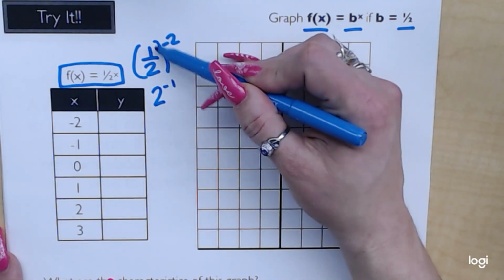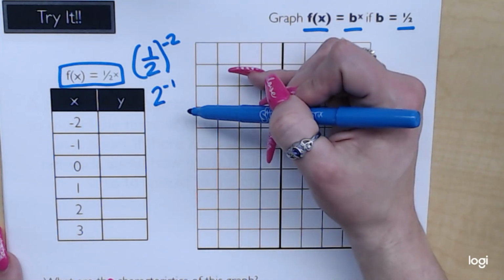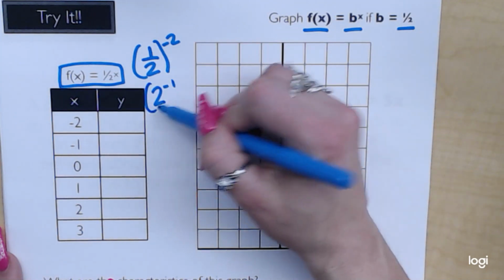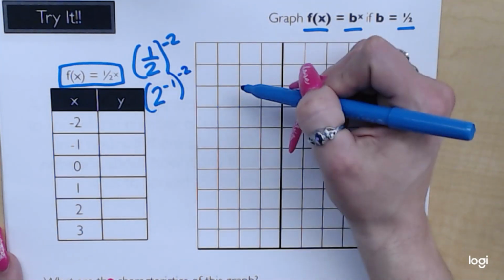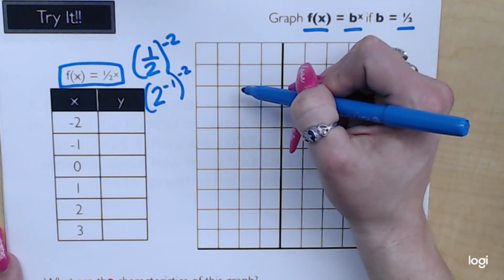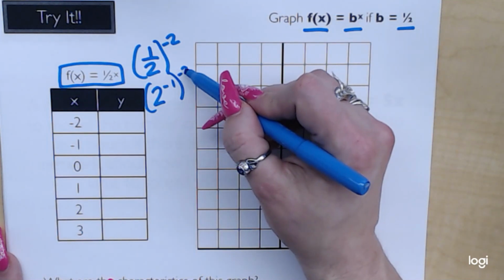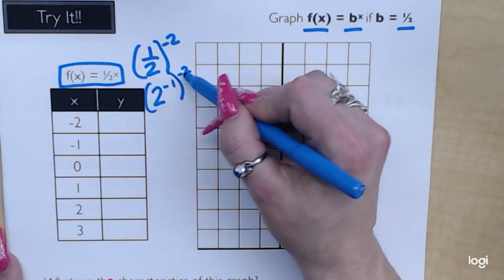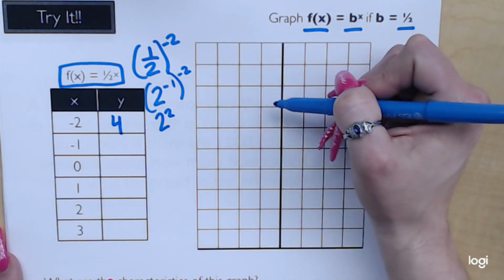This negative pushes the 2 to the denominator, and the 1 means it's just a 2. So now let's look at this in terms of 2 to the power of -1 times the power -2, because it's power of a power. Well, that then means that this is now +2, so now it's 2 squared, which means it's 4.